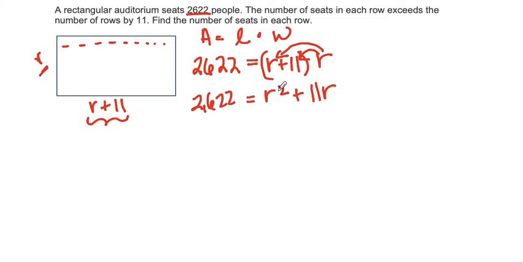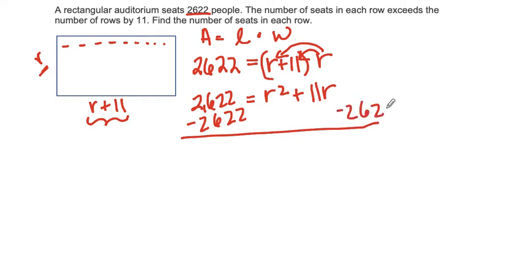We know it's quadratic because R is being squared. So I have to get everything on the same side. What I do to one side, it's legal for me to do to the other side. We can think of a teeter-totter: we take off weight on one side, we have to take it off on the other side to keep the balance.